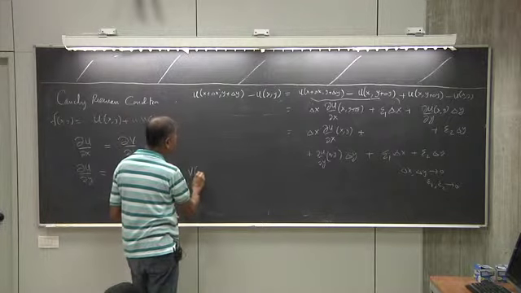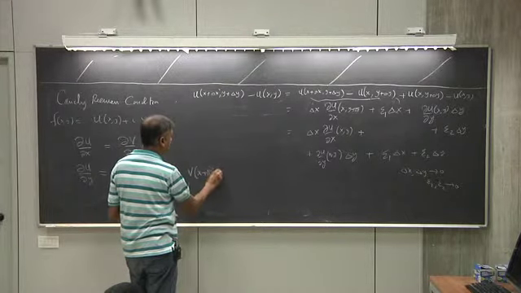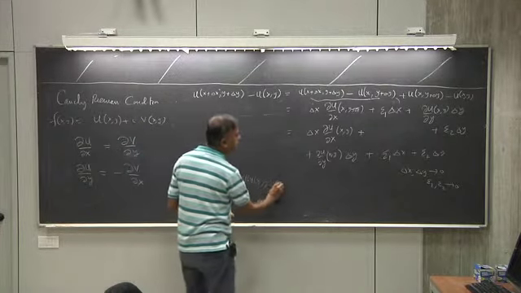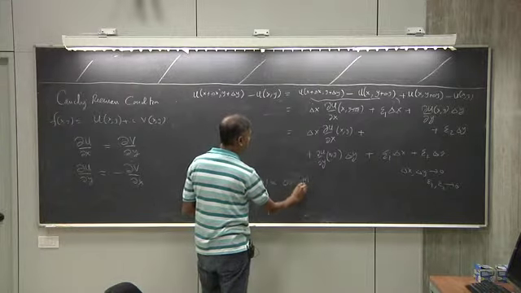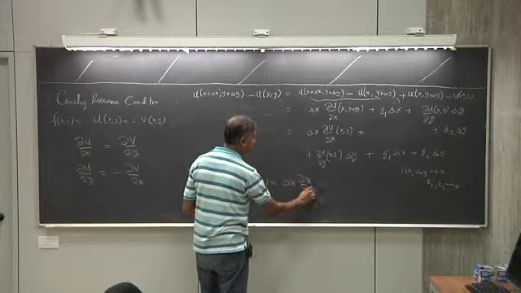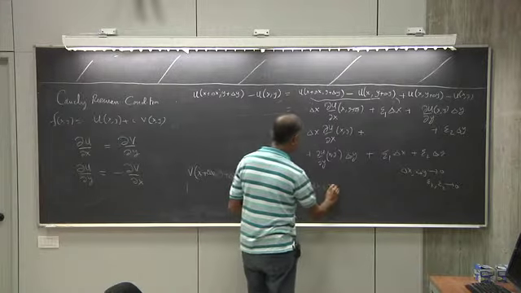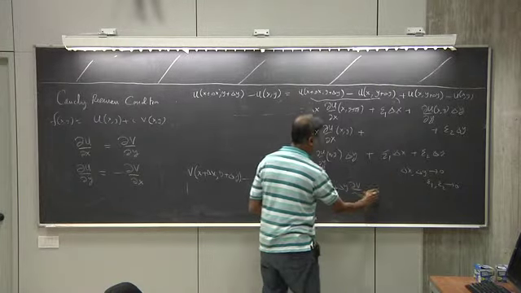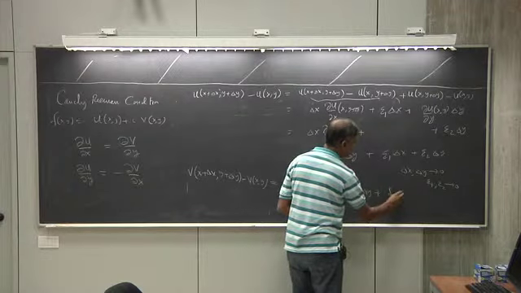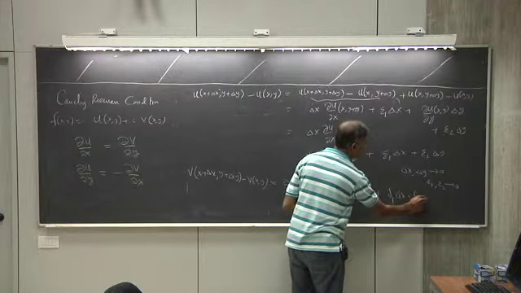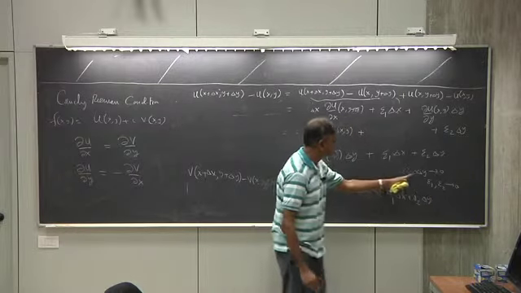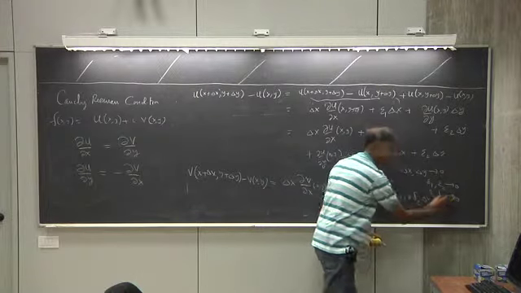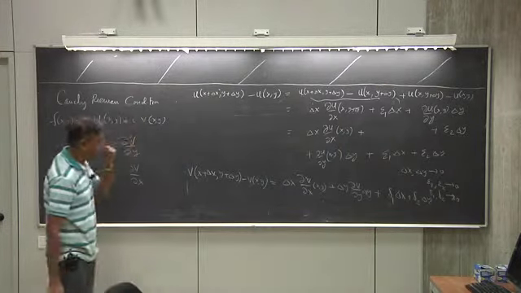So v of x plus delta x, comma y plus delta y, minus v of xy will be equal to delta x dv by dx at xy plus delta y times dv by dy, plus some, let's call it, delta 1 delta x plus delta 2 delta y, where again as delta x and delta y go to 0, also delta 1 and delta 2 go to 0. Same expression, same thing.